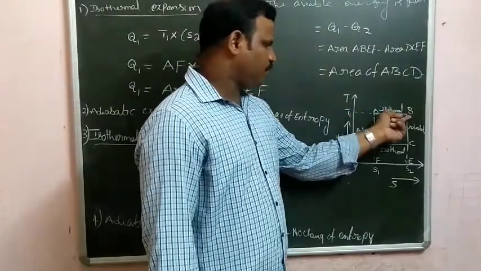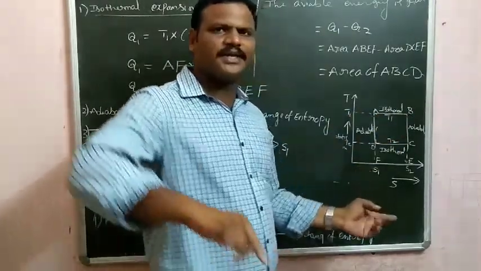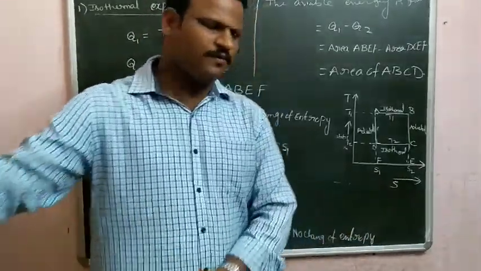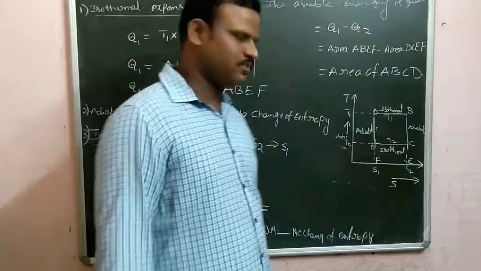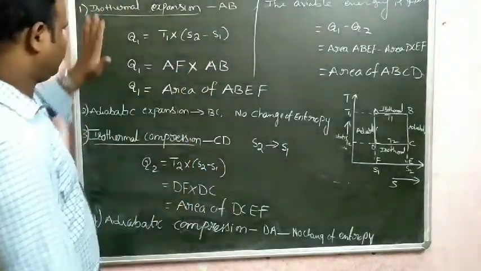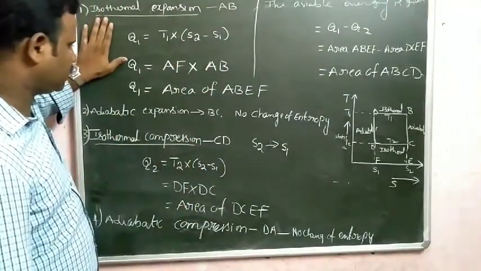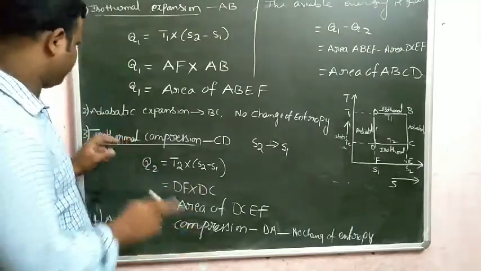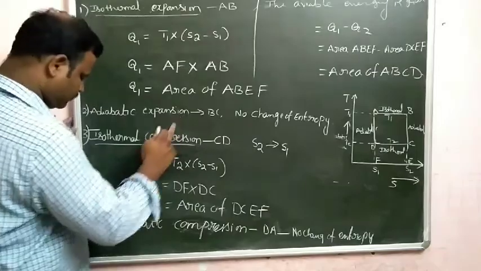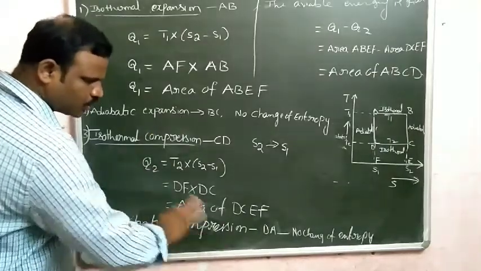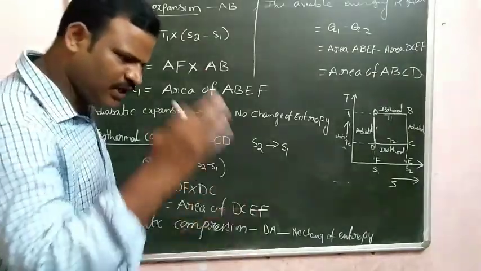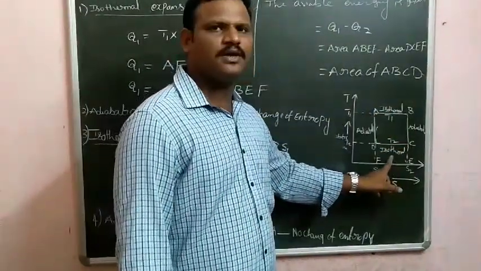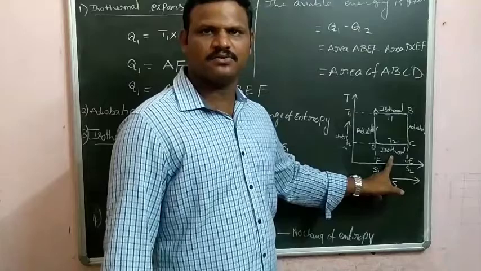In the isothermal process entropy increases by S2 minus S1 and decreases by S2 minus S1. Second, adiabatic expansion and adiabatic compression have no change of entropy; only isothermal expansion and isothermal compression change the entropy.